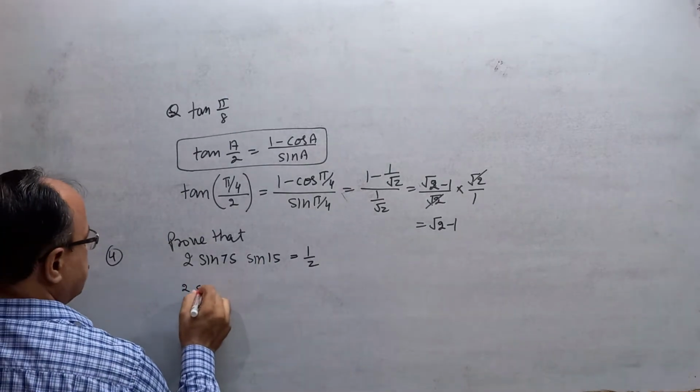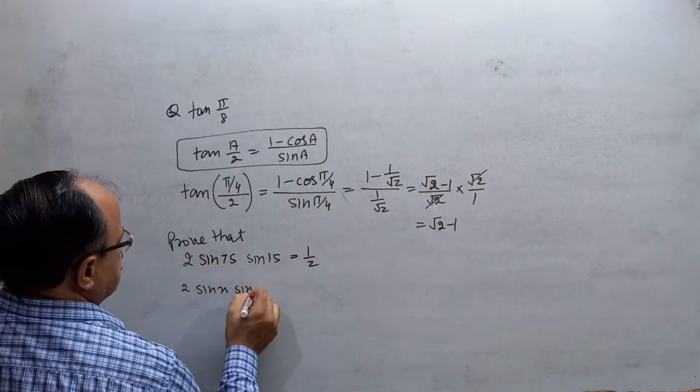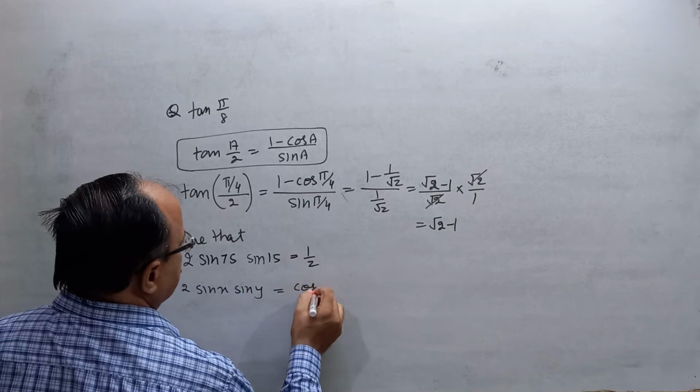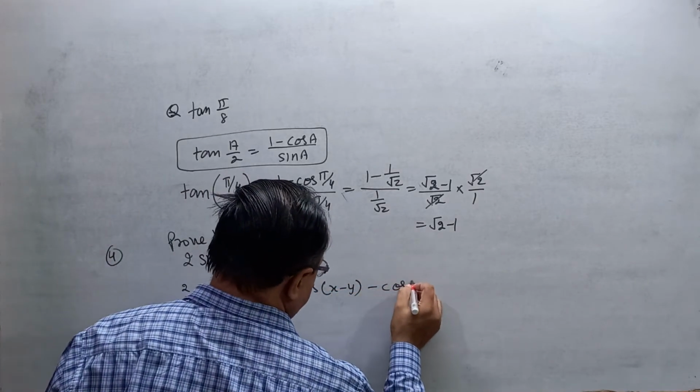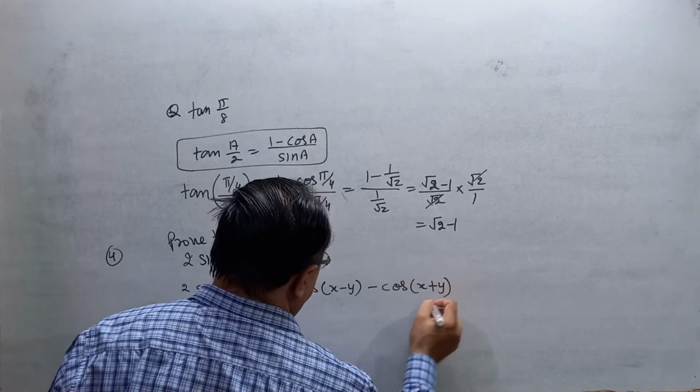Apply the formula here: 2 sin x sin y is cos (x minus y) minus cos (x plus y). Apply this formula here.